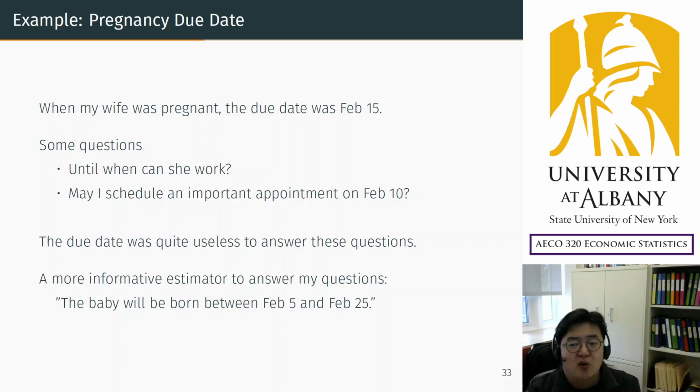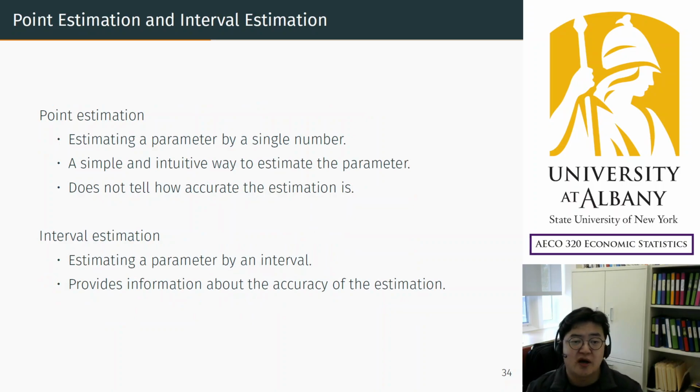For example, the baby may arrive on February 10th, so I'm not going to make any schedule at that time. Or she can start her leave from February 5th, for example. So then, statistically, we are extending the point estimation to an interval estimation.